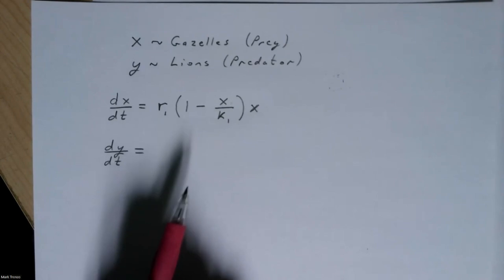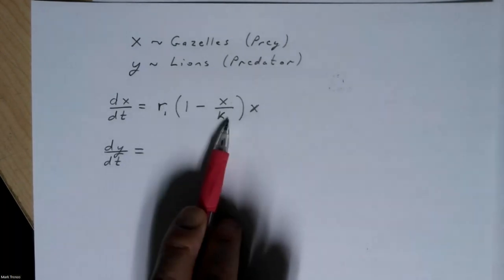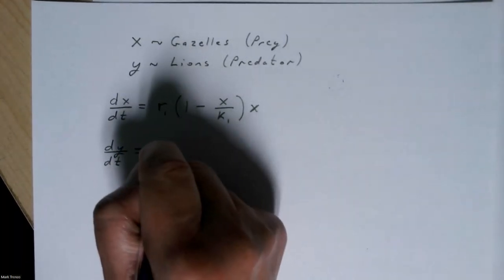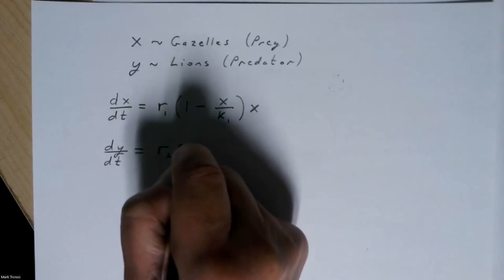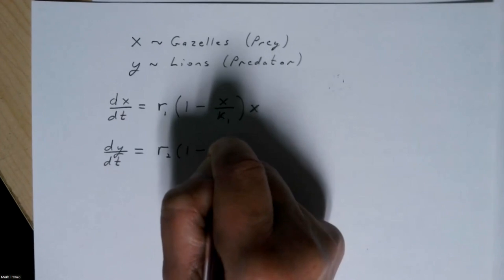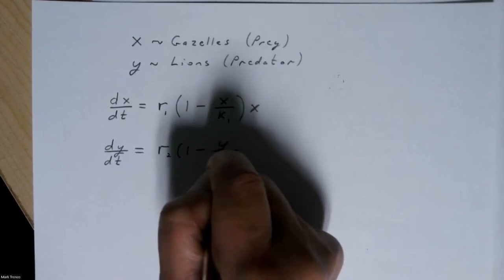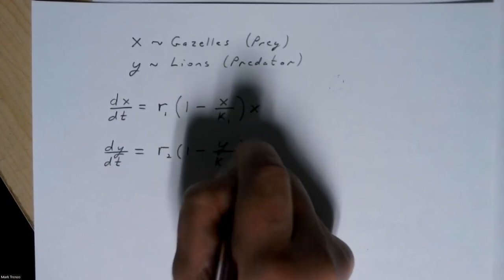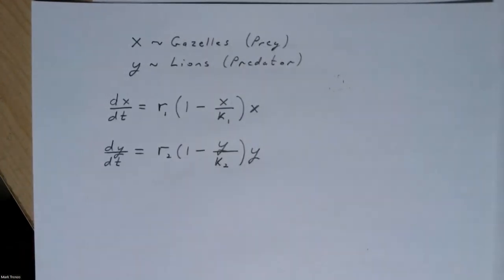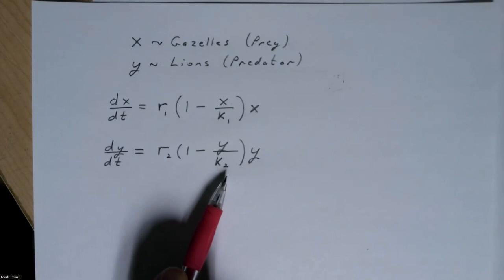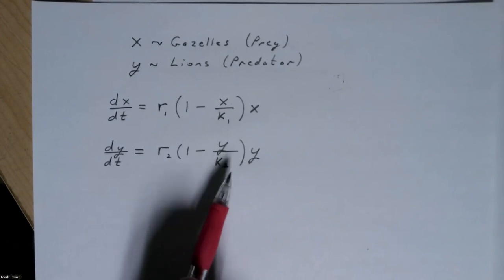And so that's what we have for the gazelles, and also for the lions. Well, it's kind of the same idea. Let me just call their rate of change R2, and it'd be 1 minus Y over K2, times Y. Same idea. There's only so many lions that can survive in a certain area, and that's going to be its carrying capacity.